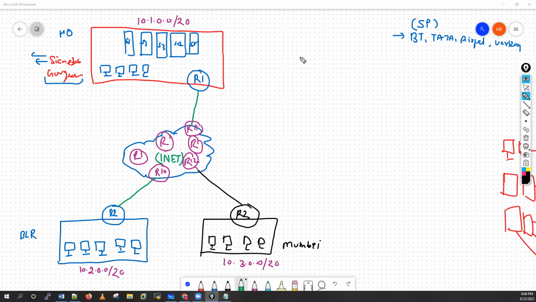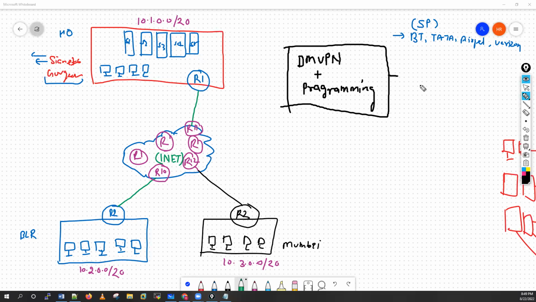This is your DMVPN solution. On this DMVPN solution, they have added some programming, and the solution which they made with the help of DMVPN and this programming is known as your SD-WAN solution.